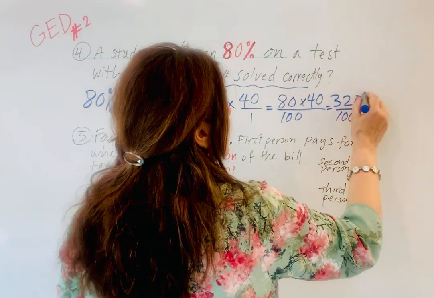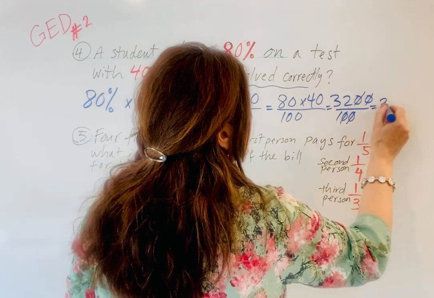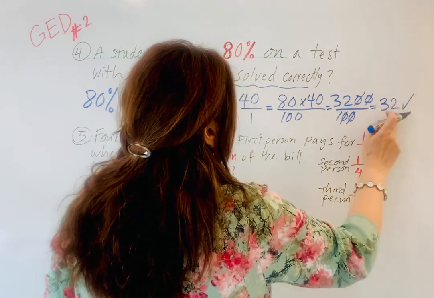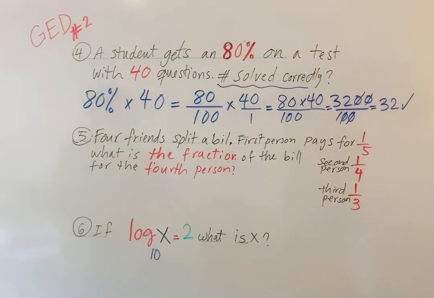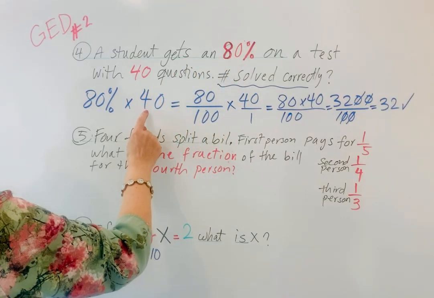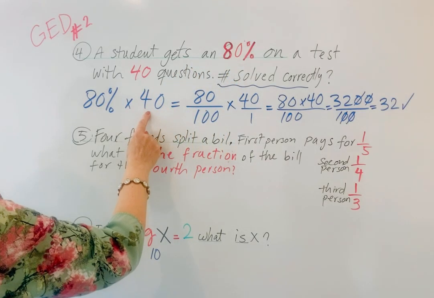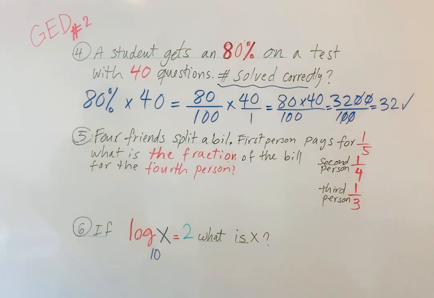We can simplify this 0 with this one. The answer is 32. She or he had 32 correct questions, because 80% of all questions is 32. Good? Without using a calculator.